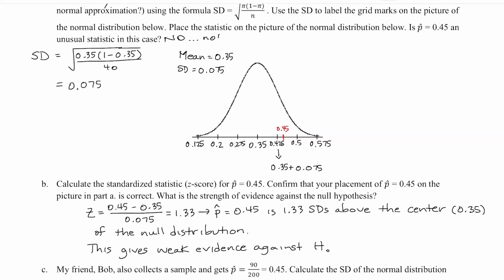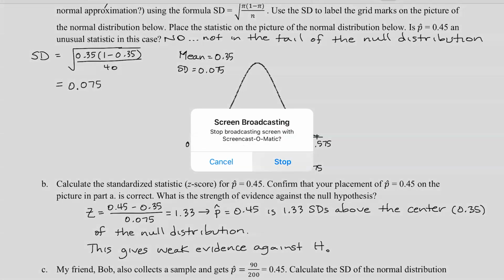So up above we had this question, is p-hat equal 0.45 an unusual statistic in this case? No, it's not in the tail of the null distribution. Right, it's more towards the center, it's more a typical value.